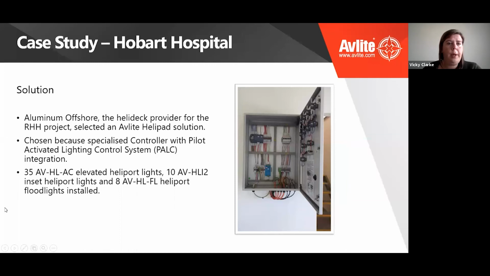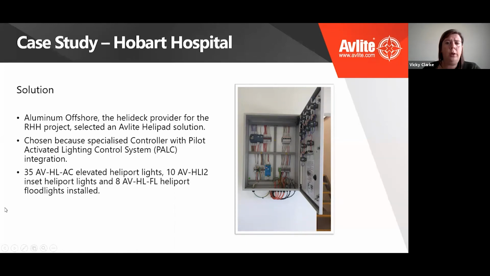In partnership with Aluminium Offshore, who are the helideck provider for the Royal Hobart Hospital project, Avlite came up with a helipad solution. We were chosen because we had the customised specialised controller, which directly integrated into the pilot activated lighting controller, allowing for the pilot activated lighting as a primary operational mode with secondary local manual control.